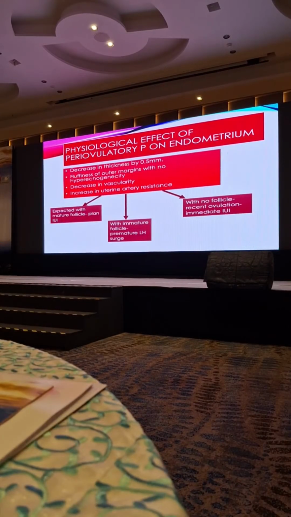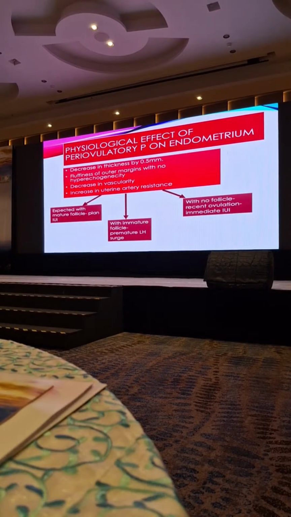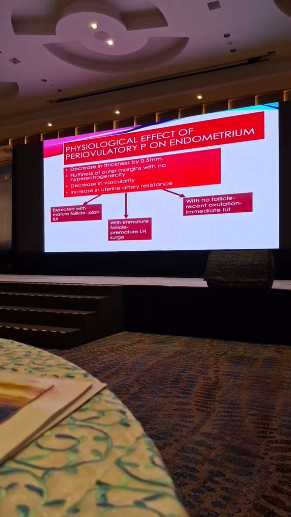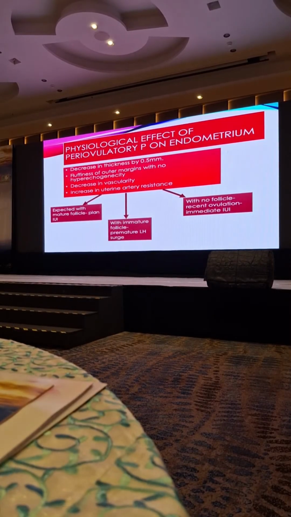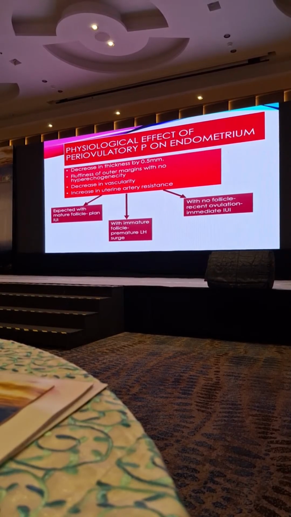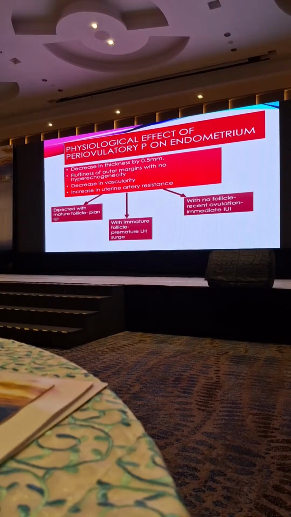Therefore: rise in LH, increase in follicular PSV, fall in estrogen, decrease in endometrial thickness and vascularity, rise in progesterone, compacting effect of progesterone on the endometrium leading to fluffiness, and increase in uterine artery resistance. Those are the signs which indicate the physiological effects of progesterone and LH on the follicle and the endometrium.